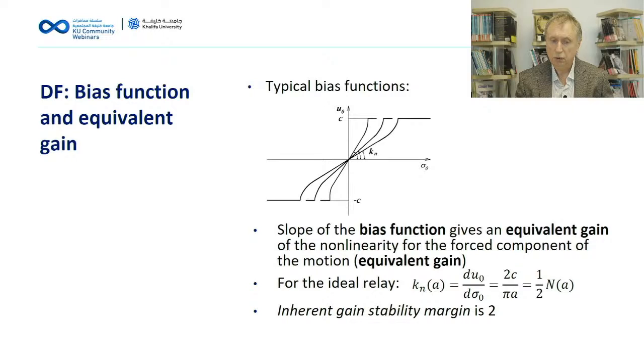And we can say that this system, the relay system, has the inherent gain stability margin of 2 for the averaged motions.